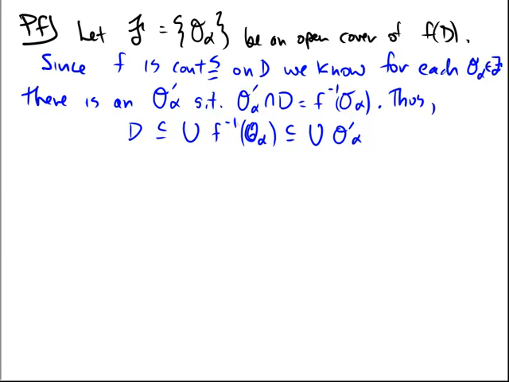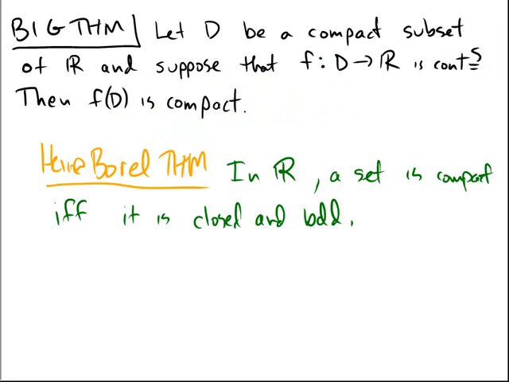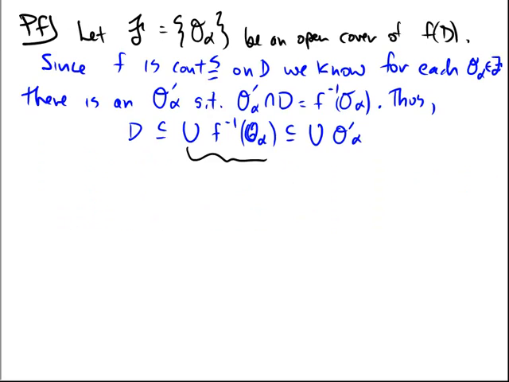Okay, but notice that since this is the union of all the inverse images of all the O alphas, what we're getting here is a cover of D. D is a subset of this infinite union. But remember, from the assumption, D itself was compact. D is a compact subset.